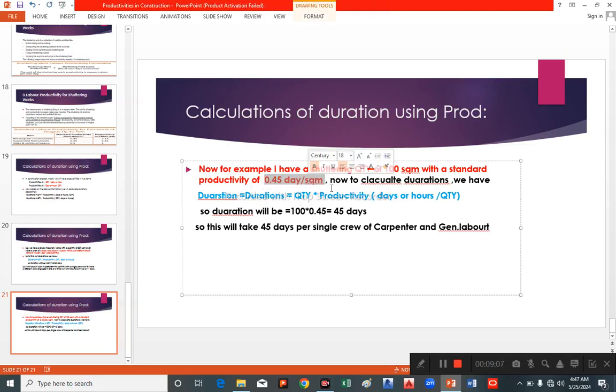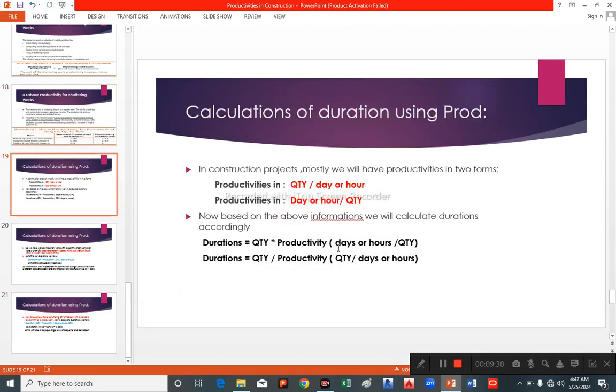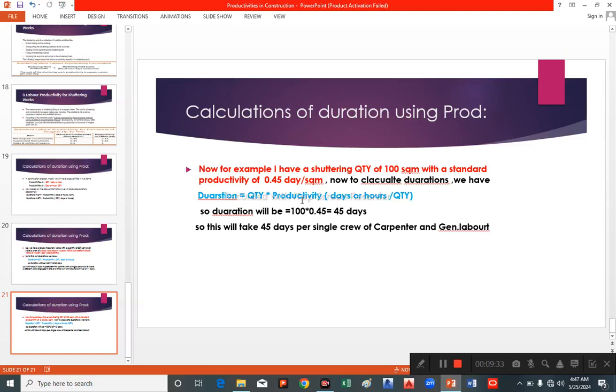Now, to calculate the duration, obviously if productivity is given in days per square meter, meaning days per unit, we will use the first scenario formula: quantity multiplied by productivity, days or hours per quantity.